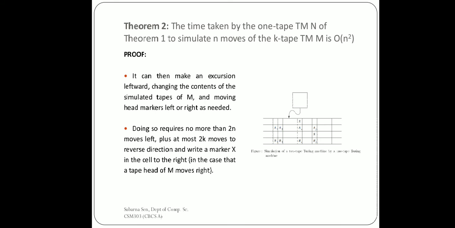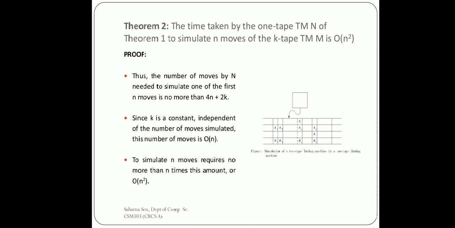And why 2n cells? Because for each tape of the multi-tape machine we are incorporating 2 tracks, n for one track and n for another, that's why 2n from left to right, and from right to left for cell movement it is again 2n. For each of the movements there will be again 2k moves, because for k tapes we need a total of 2k tracks in the one-tape machine, right?